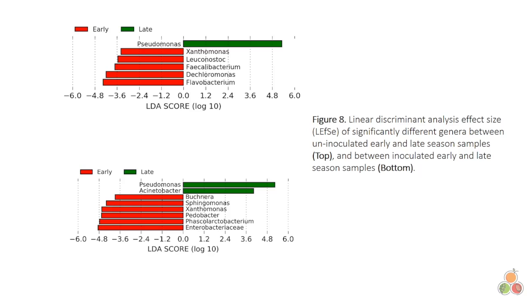growth. Well, the others, like the one we call Xanthomonas, their relative abundance was higher before inoculation in the early samples, and their relative abundance remained higher in the inoculated samples, also in the early samples. And this might be the bacteria genus that probably supported the growth of Listeria mono.